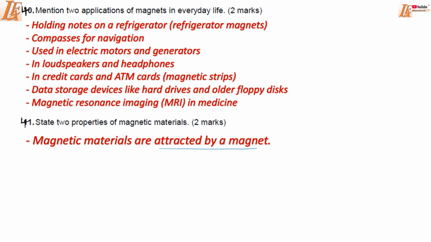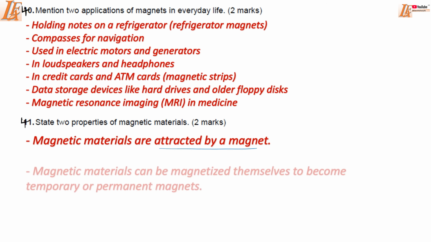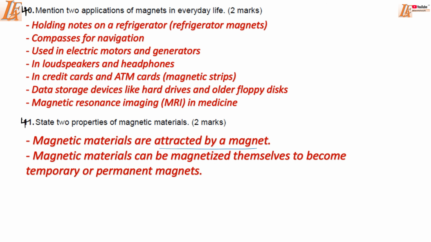So for you to identify a magnetic material, if you introduce a magnet to them, they get attracted. The second one is that magnetic materials can be magnetized themselves to become temporary or permanent magnets. If you have a magnetic material, you can make it a magnet by doing a process which we call magnetization. And in that process, they can either become temporary magnets or permanent magnets.